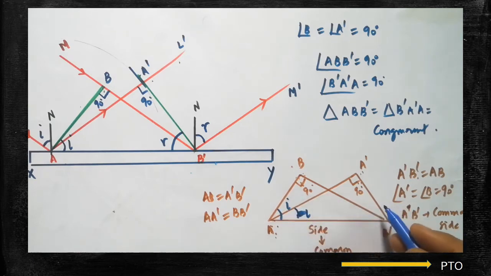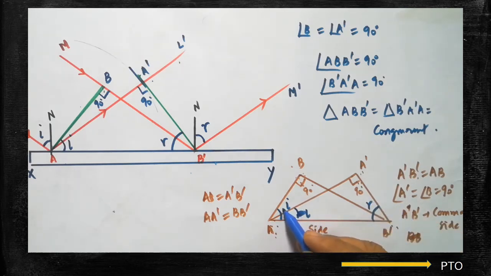The same angle can be obtained here. Are you clear? The angle that is measured here will be equivalent to this triangle. Here 90. Here this angle must be equal to this one. Understood? Therefore, the angle B dash is equal to how much?